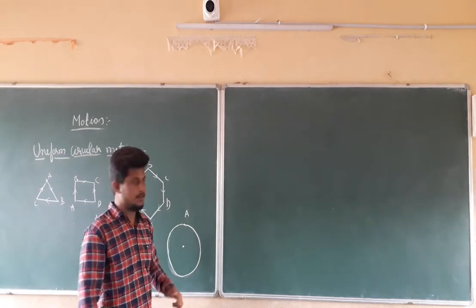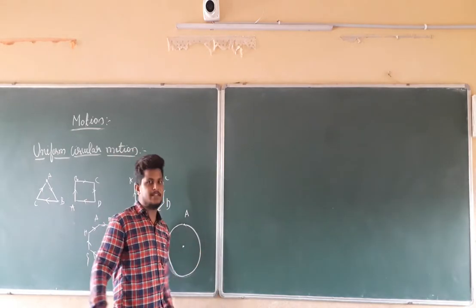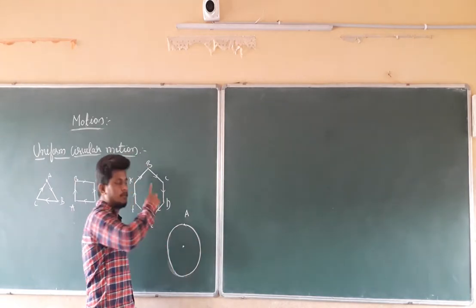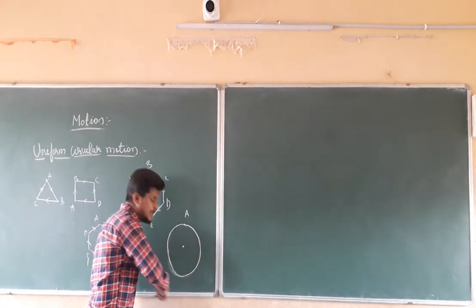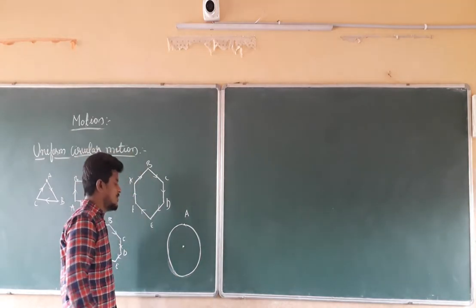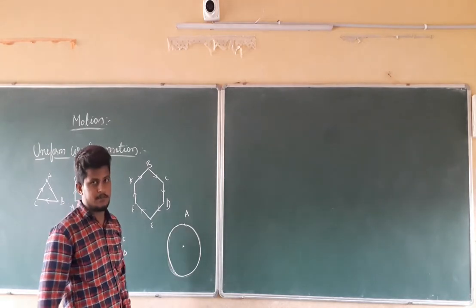Uniform circular motion is nothing but any object which is moving in a circular path with a constant speed, so that we can say it is in uniform circular motion.